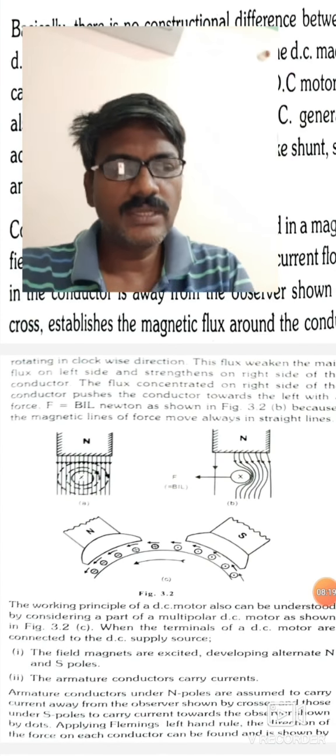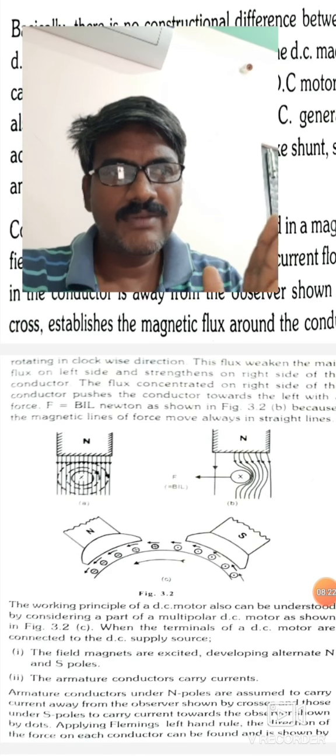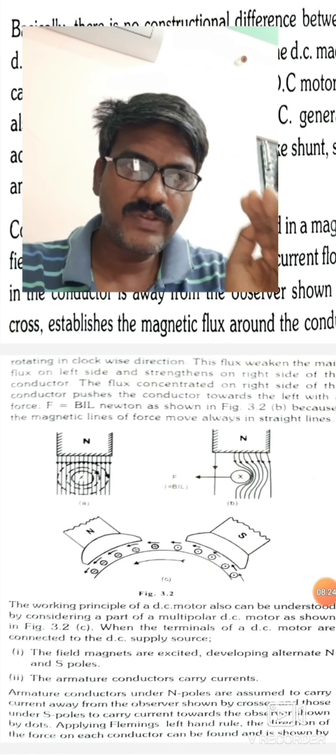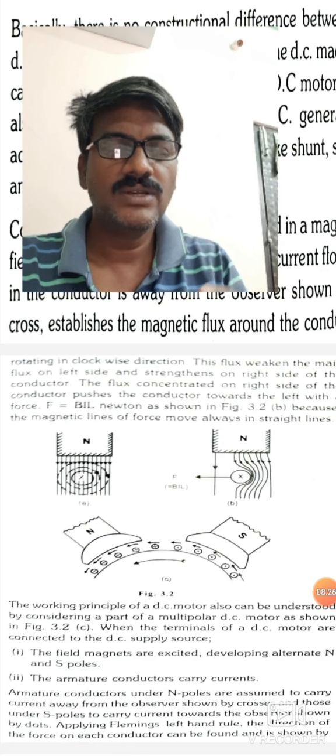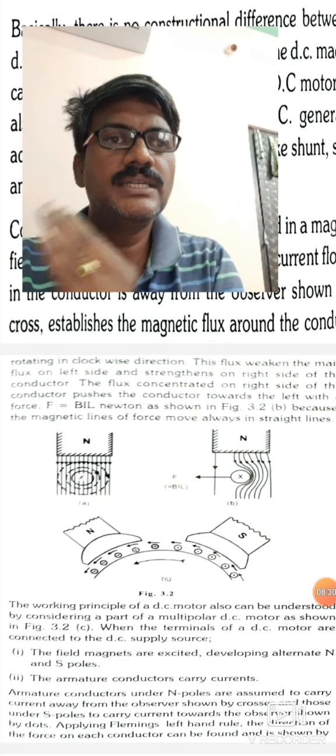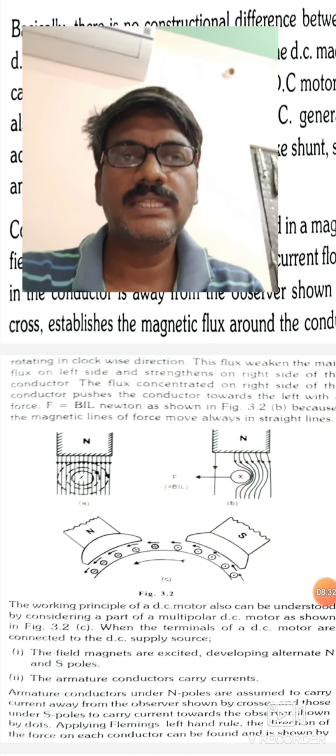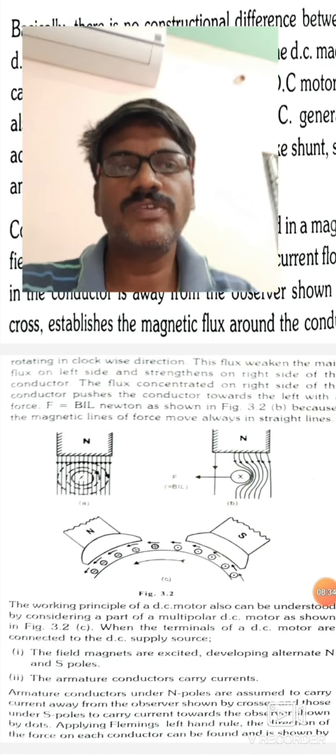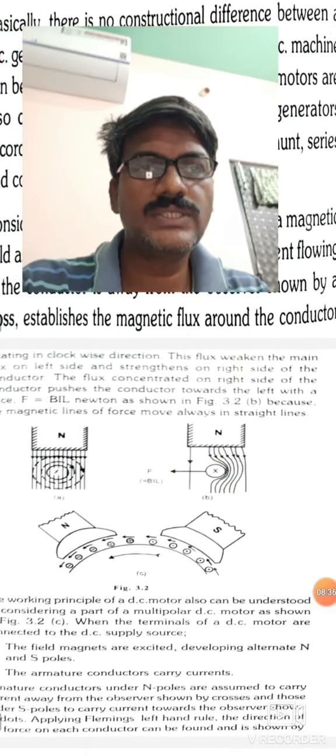You know that the concentration of the flux, where flux increases on one side, pushes the conductor to the left side with a force F equal to BIL newtons.